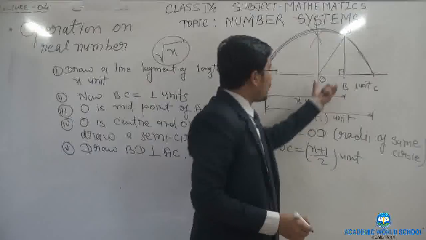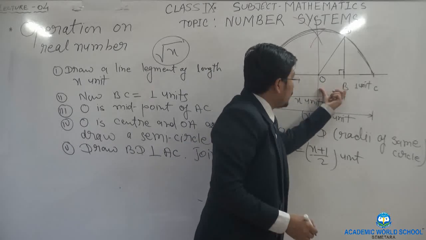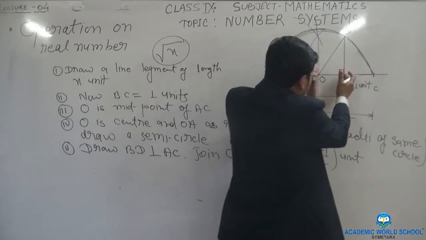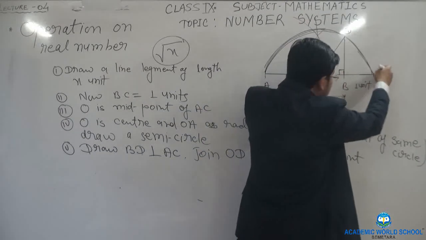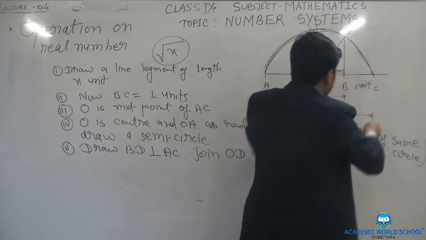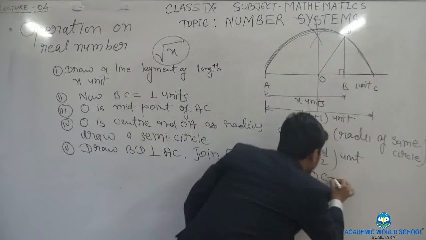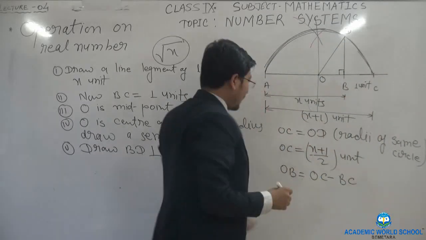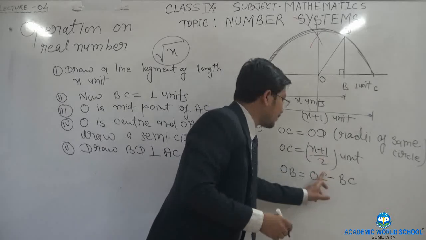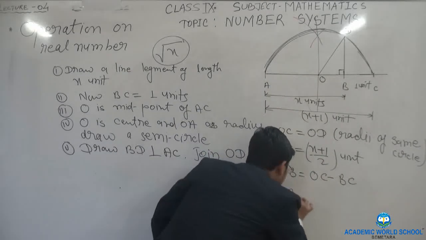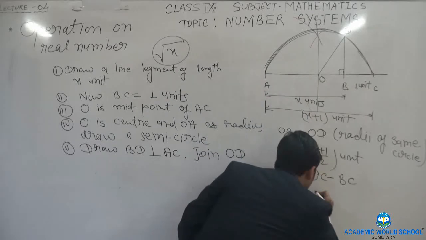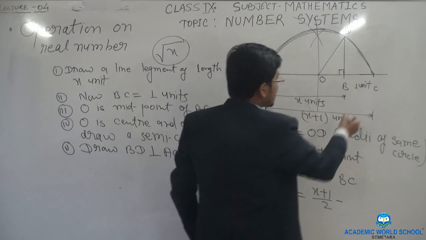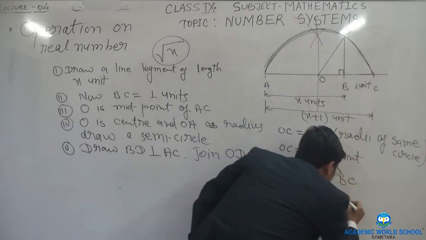Now I have to find OB. OB is equal to OC minus BC. OC is x plus 1 by 2, and BC is 1 unit.